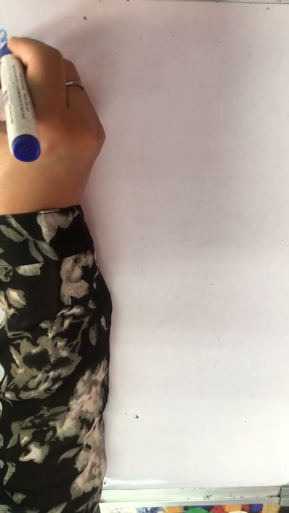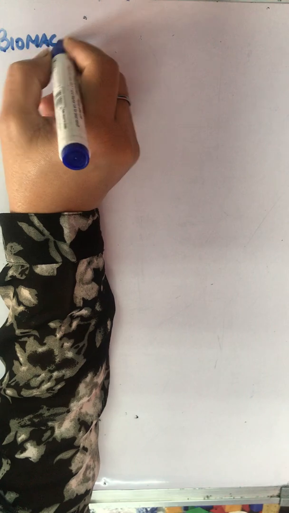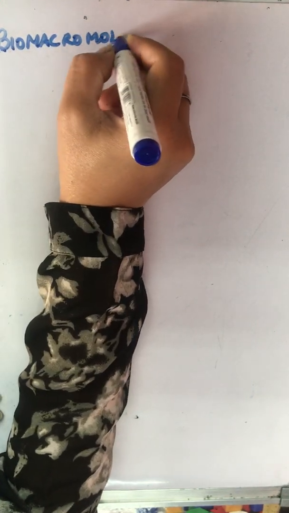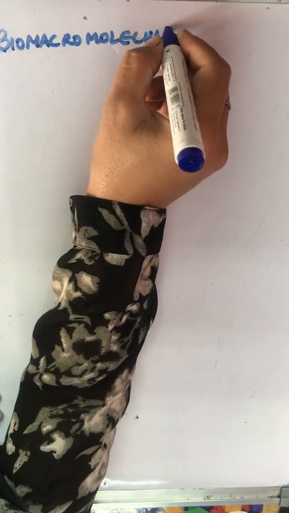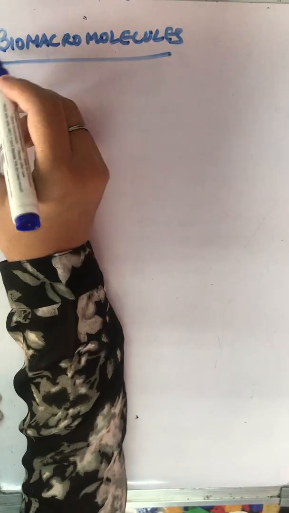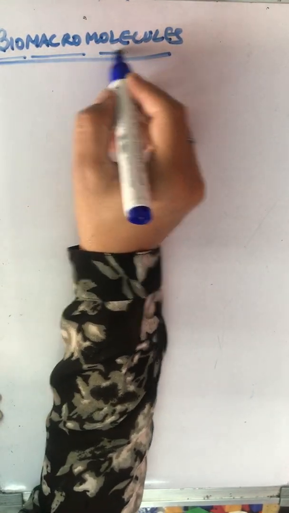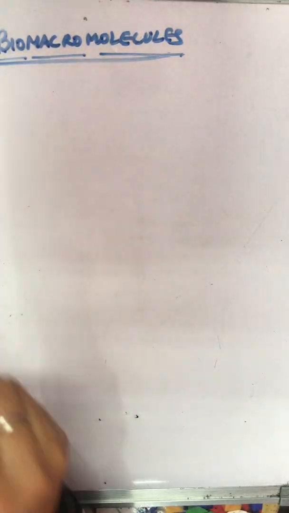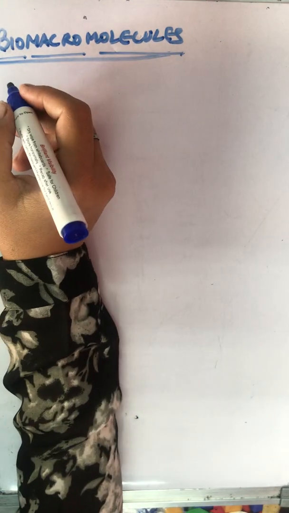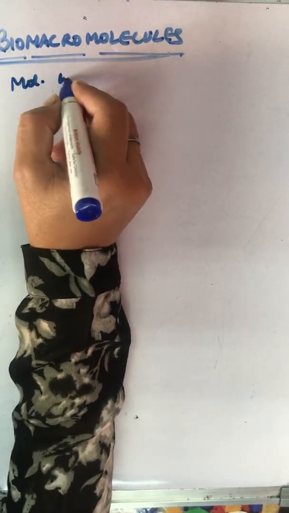So further we are moving on to the higher units. In the higher units, we are first talking about biomacromolecules. That means a molecular weight in the range of 10,000 Dalton and above.